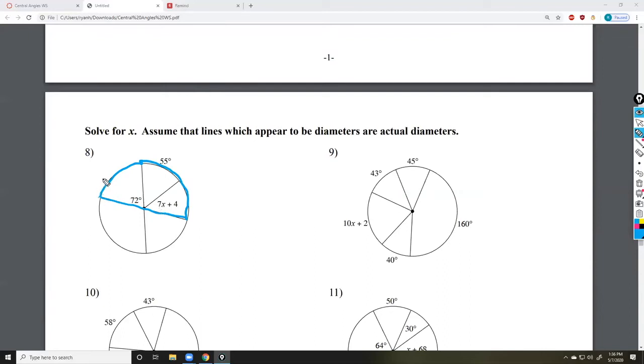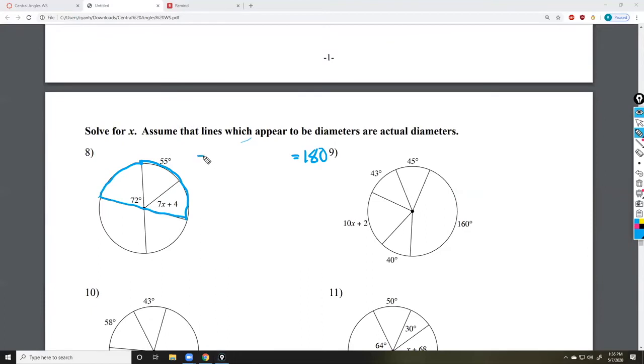And so you see how we either work our way around a diameter or work our way all the way around the circle. These are the most common types of equations. Here's a diameter, so going halfway around is going to measure 180 if I put all those pieces together.